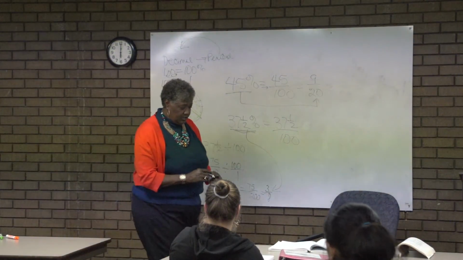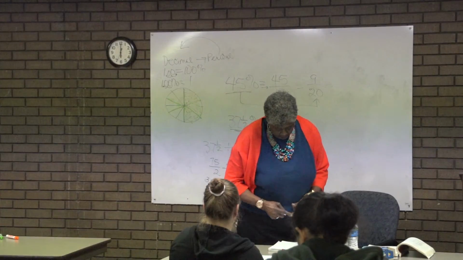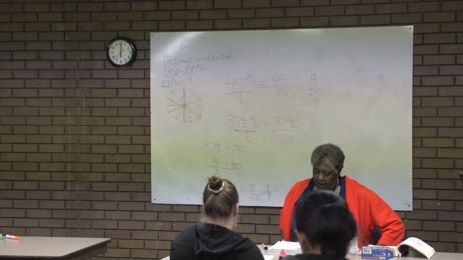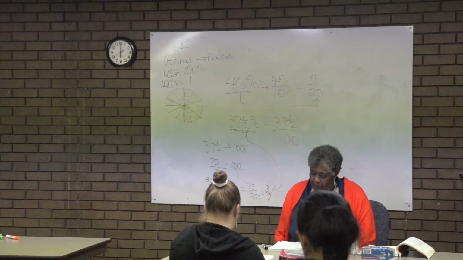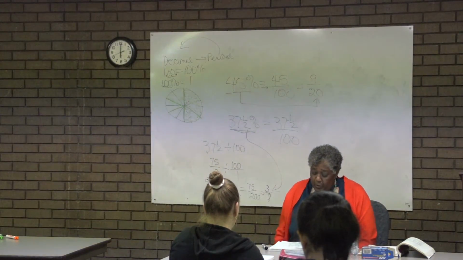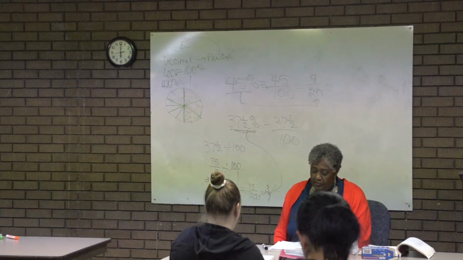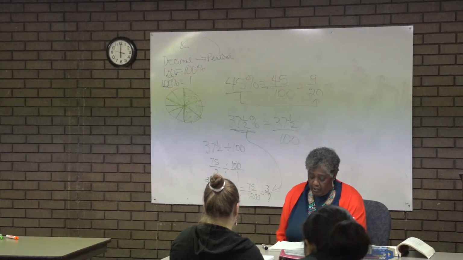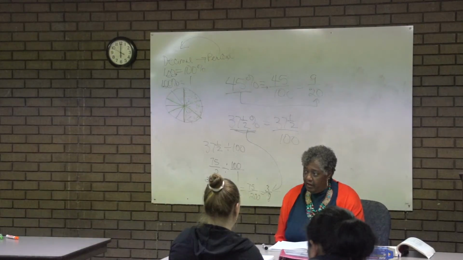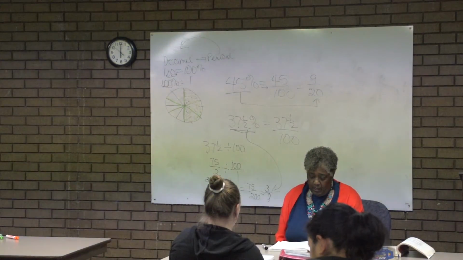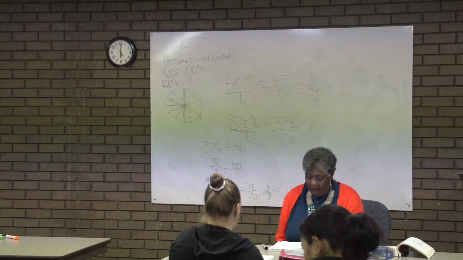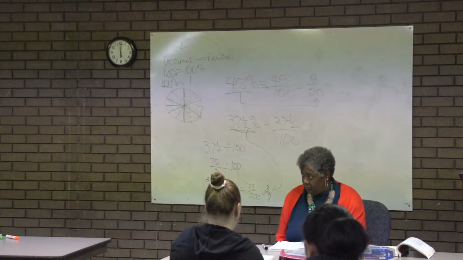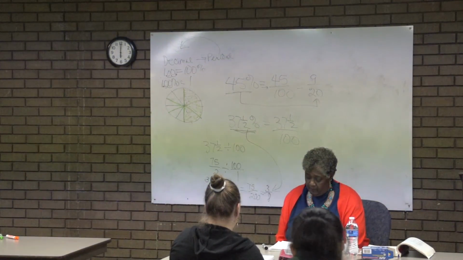So looking at these examples here on page 153, if it asks you to change these percents to a fraction or a mixed number and reduce, to change it to a fraction like we did the first one, the 45, you just needed to put the 45 over the 100 and reduce it. But that 37.5, you'd have to actually divide that by 100, and that's what we did there to come up with it.